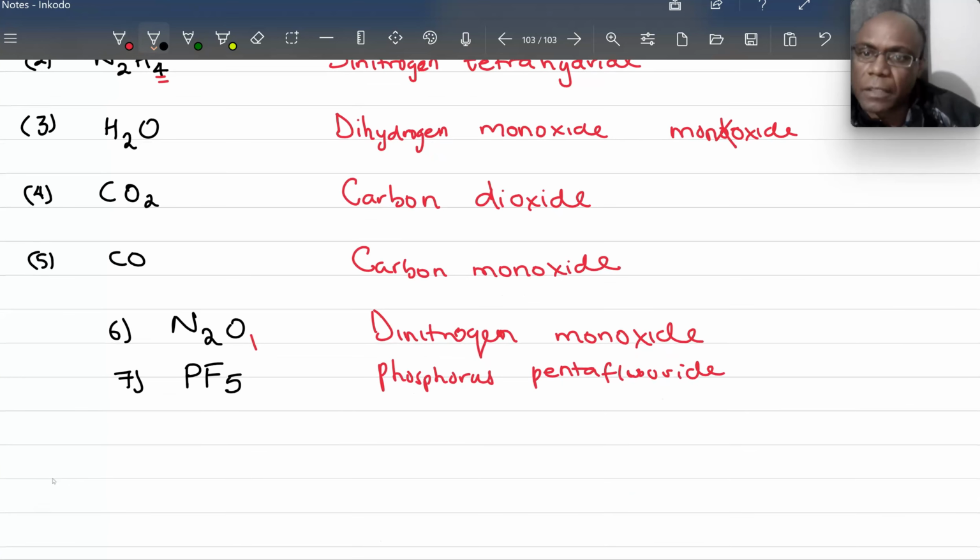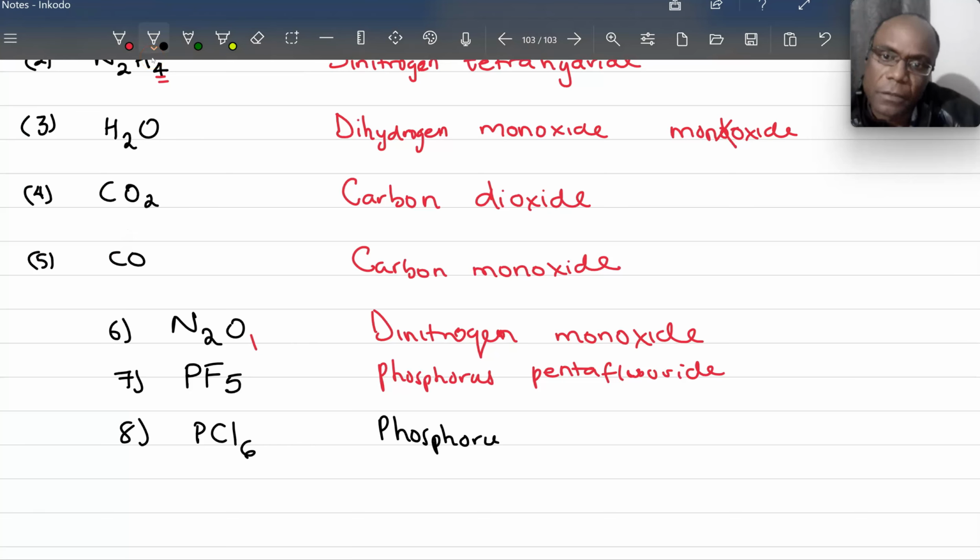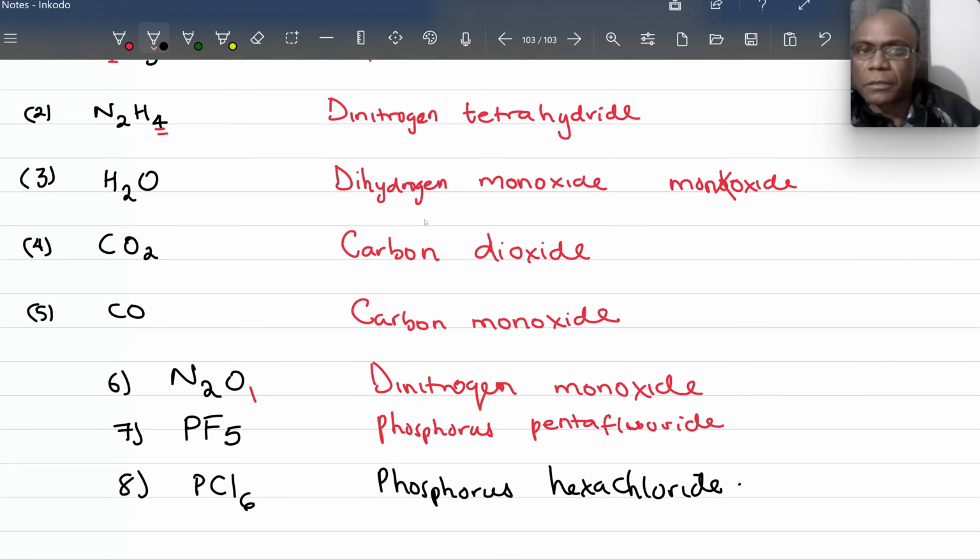And then we keep going. Number 8, let's say someone gave you a structure with PCl6. That one would be phosphorus hexachloride, 6 is hexa, not hexachlorine but hexachloride. So that is the idea and examples of naming these compounds.